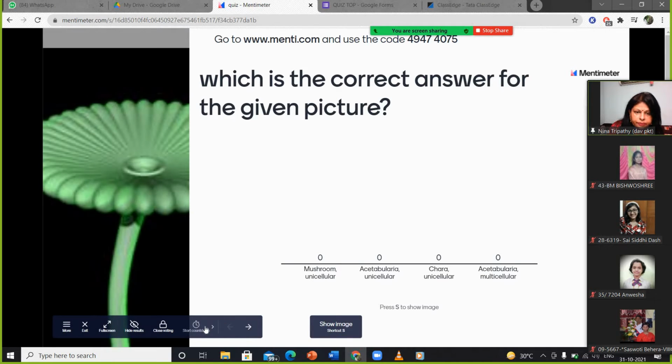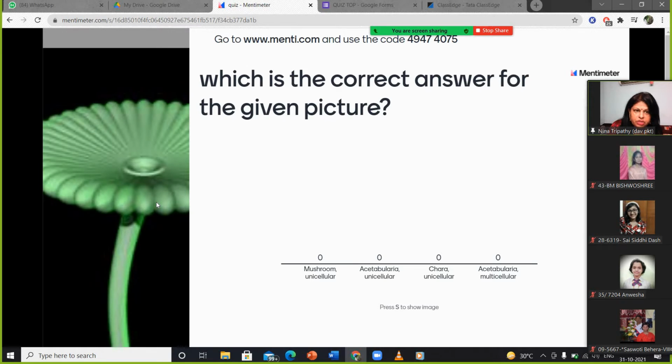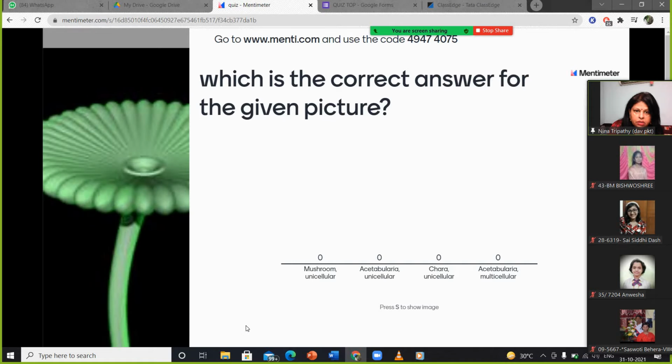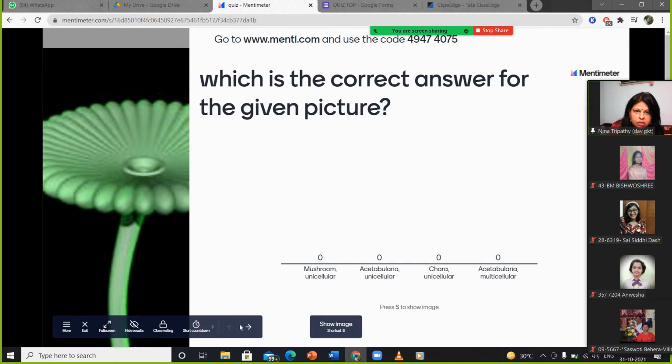Second one. Which is the correct answer for the given picture? Can you see the picture? What is the picture? Okay, good. Very good.